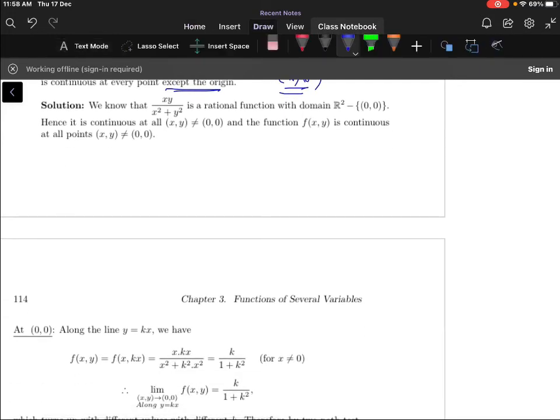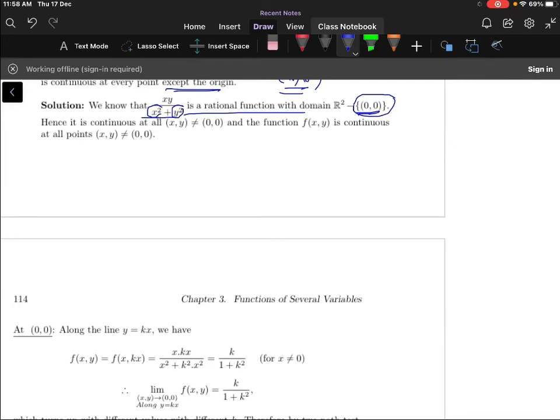We know that the function xy by x square plus y square is a rational function with a domain R2 minus 0 comma 0. When x is 0 and y is 0, the function becomes infinity. The function is not defined at 0 comma 0. Therefore, the domain of the function f is R2 minus the point 0 comma 0.